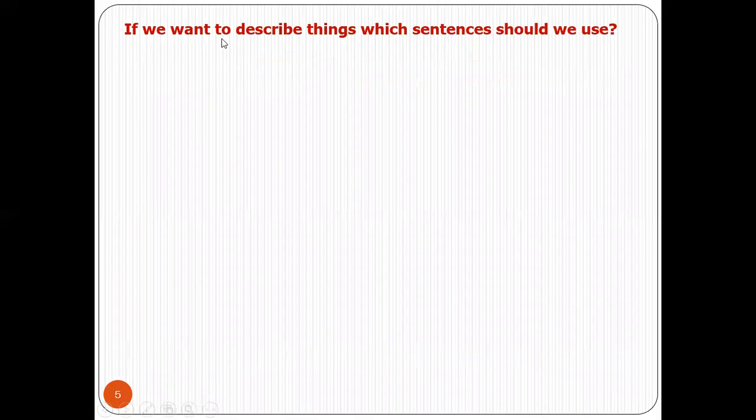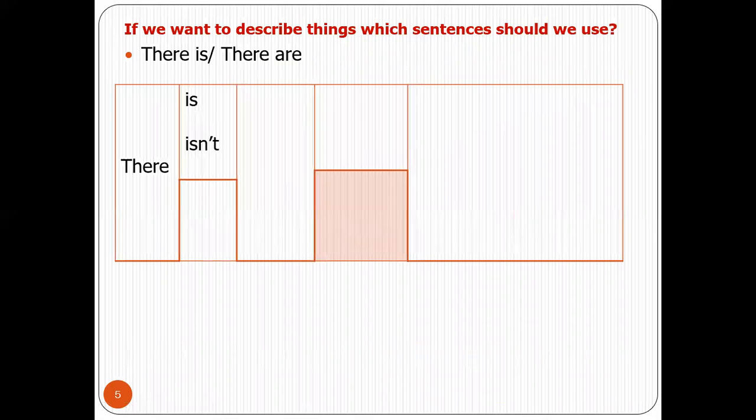Now, if you want to describe things, which sentences should we use? Can you answer? Yes. So we use there is and there are. Look at the sentences in the box. There is a stapler on the table.